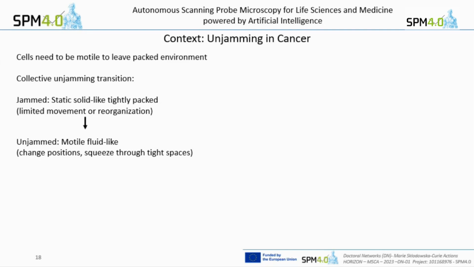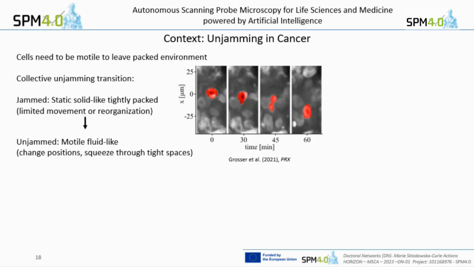This is the concept, and here I just wanted to show you an example of this. This is from the active spheroid I showed you before, so the cancer one. You can see a cell wiggling, squeezing through other cells, and you don't see that in the control spheroid, which is in this case jammed, so inactive.